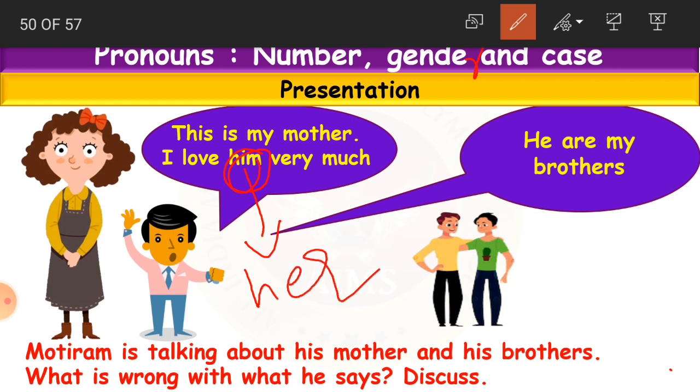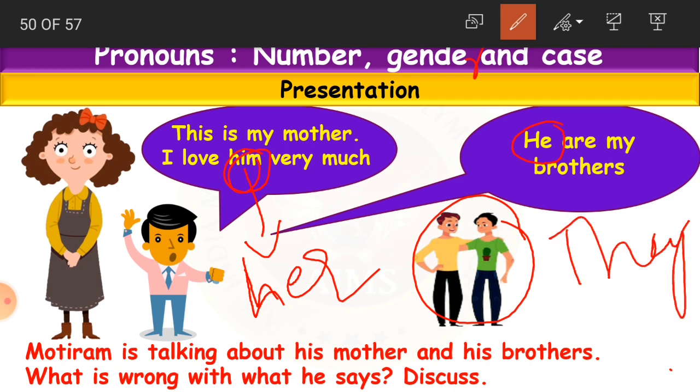Instead of him, he has to say her: I love her very much. And here there are two brothers, and what did he say? He. He said it as singular, but they are plural in number. Then what do we have to say? They. They are my brothers.